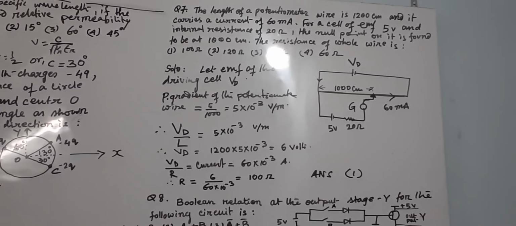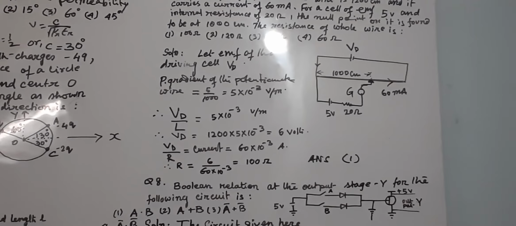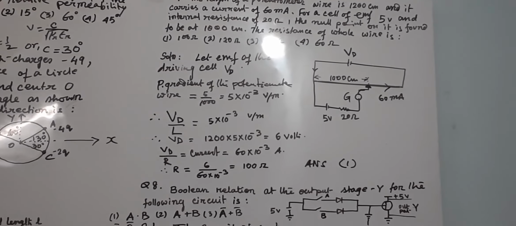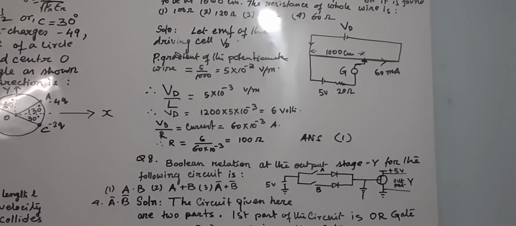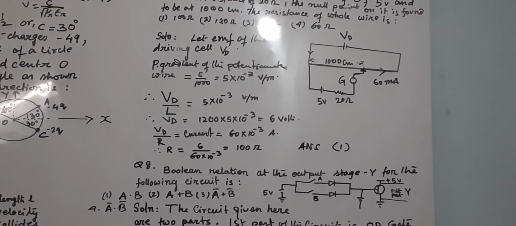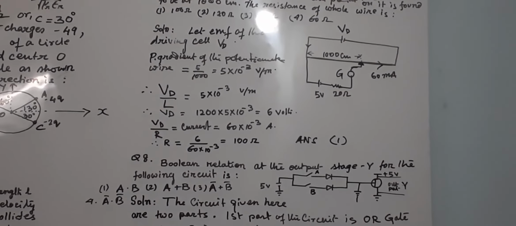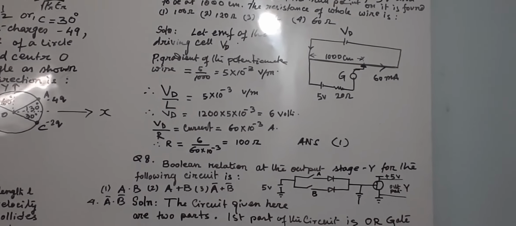The resistance of the whole wire is, there are 4 choices. In the solution, let the EMF of the driving cell be V suffix D. Now, we calculate the potential gradient for this portion, that is 1000 centimeter.